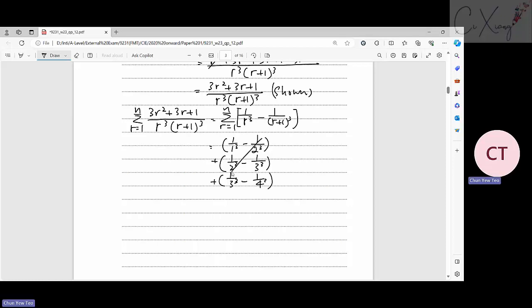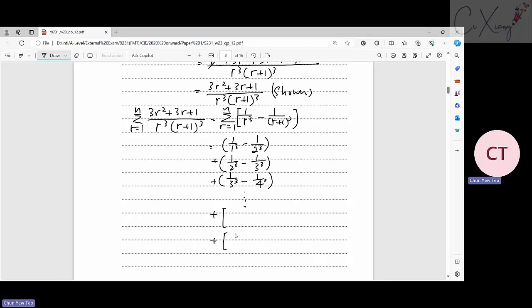So you can see that this can be cancelled. However, we need to show the terms until n. Since we can find the pattern, the rest in the middle you can ignore, and I just show the last two terms.